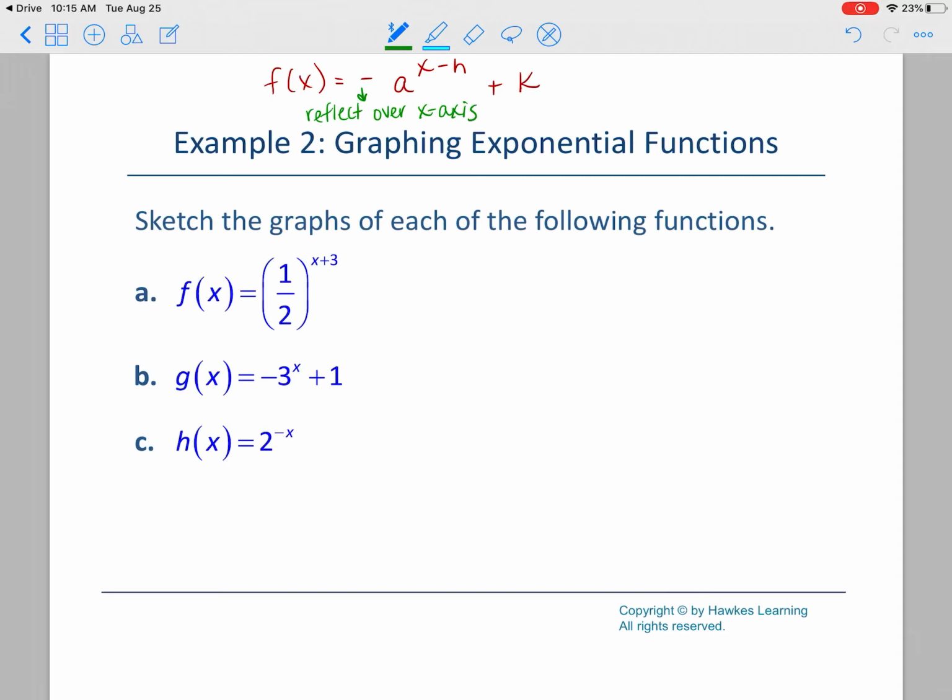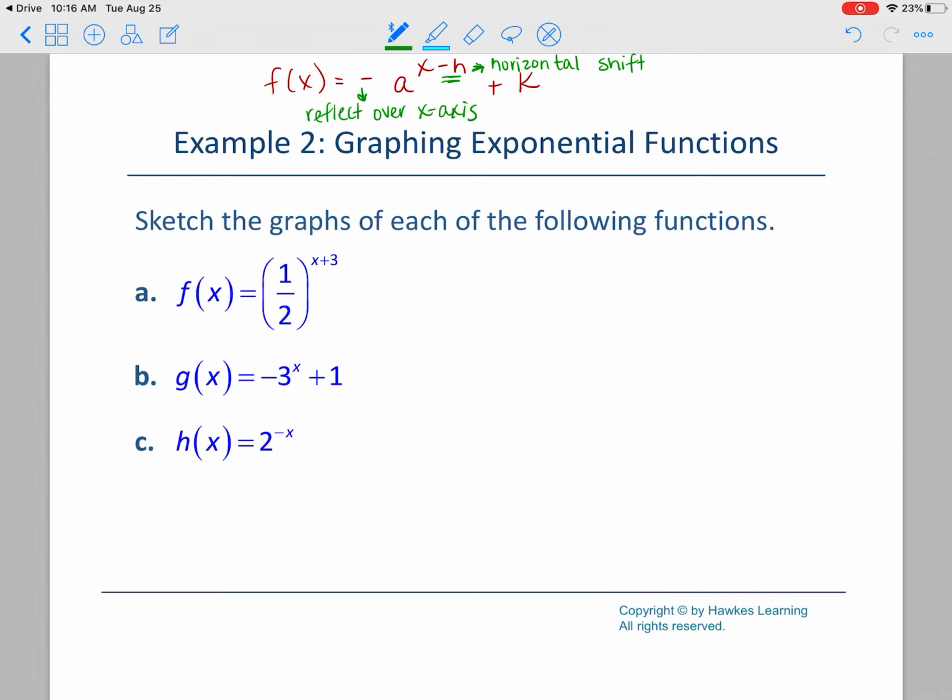This minus h here is my horizontal shift. And remember, with those horizontal shifts, it's backwards. So if it's like x plus 2, I'm actually shifting to the left 2.